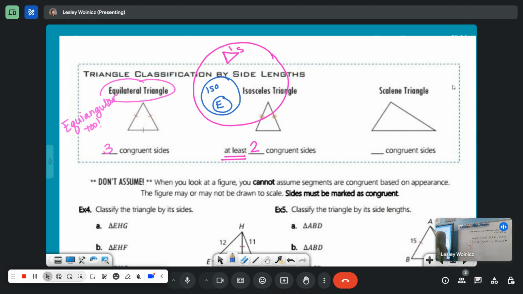So every single equilateral triangle has at least 2 congruent sides. Therefore, every single equilateral triangle is also isosceles. Okay? Is that okay? Are all isosceles triangles equilateral? No. So we've got some isosceles that are not.